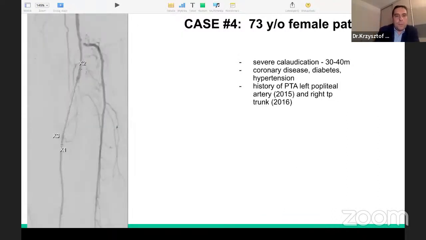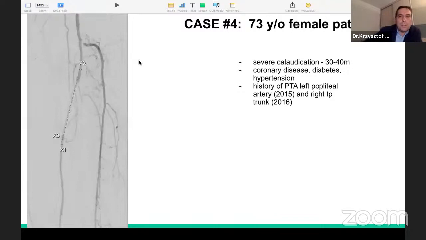This is case number 4. It's not clearly visible, but here between X2 and X3, there is an occlusion, because there is a line drawn during the measurement. And also we have critical stenosis here. Of course, severe claudication.